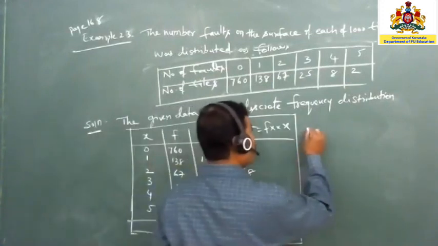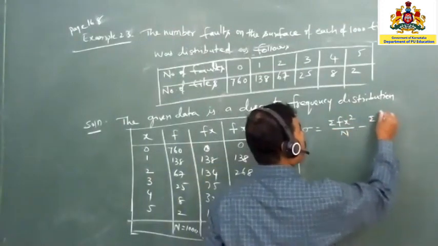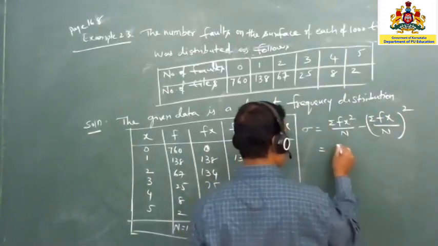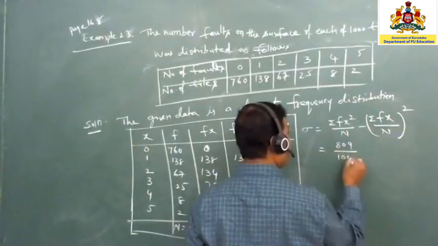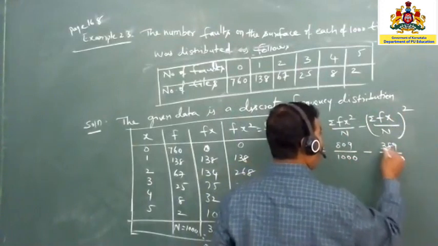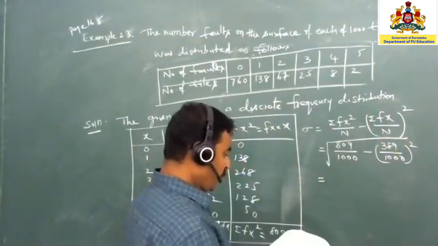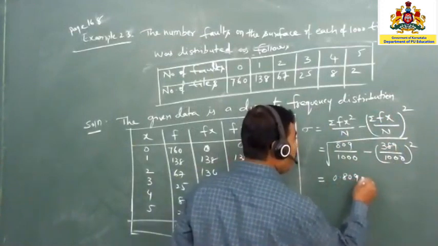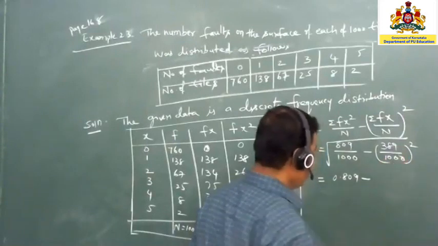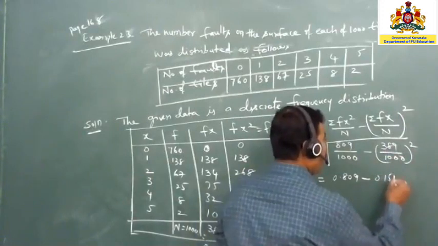Now come to the formula. Standard deviation is the square root of summation fx square by n minus summation fx by n whole square, equal to 809 by 1000 minus 389 by 1000 whole square. 809 by 1000 is 0.809, minus 0.389 whole square, 0.1513.